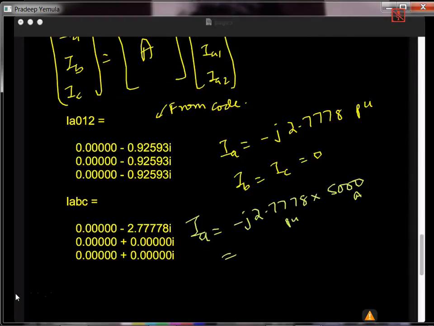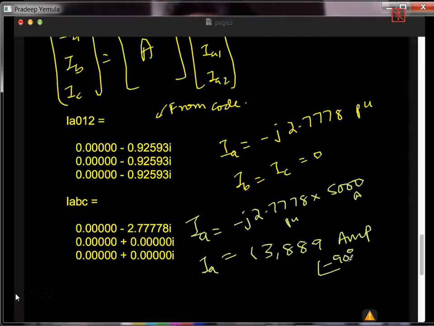Minus 2.7778 into 5000, so 13,889 amperes. And the angle is minus 90 degrees, just to show that it is lagging by 90 degrees, because we are assuming that the fault is purely inductive.